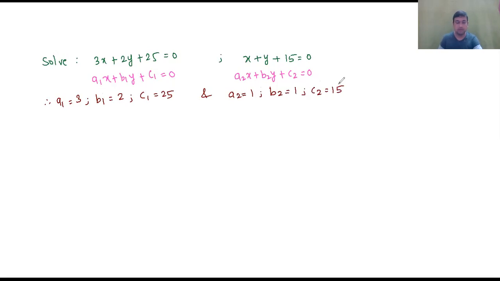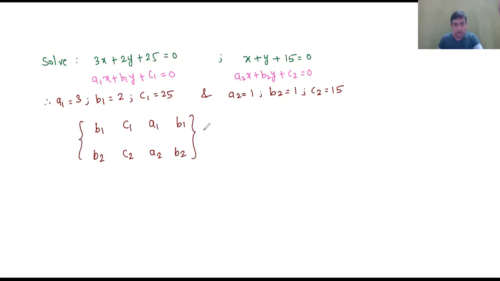Right? So what you have to do, first you have to start with b1, b2, then you have c1, c2, a1, a2, and then b1, b2. This is our usual form, right?